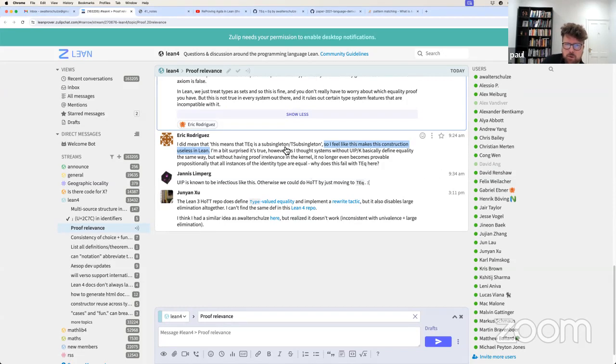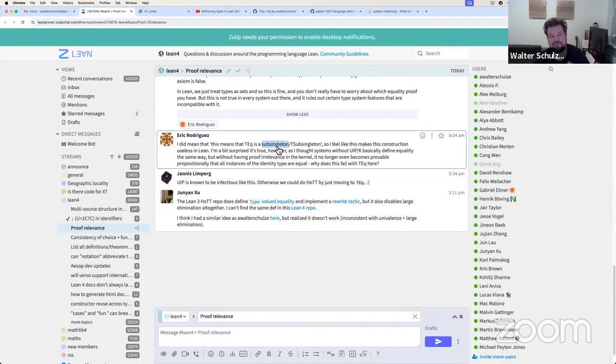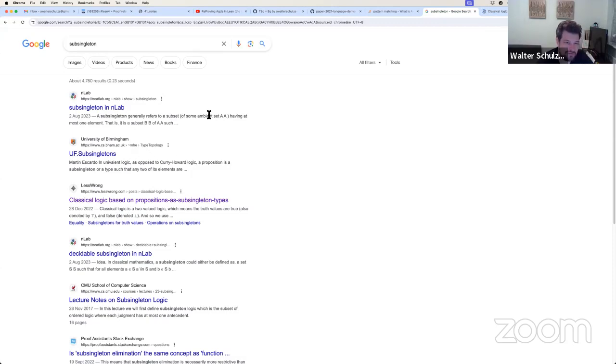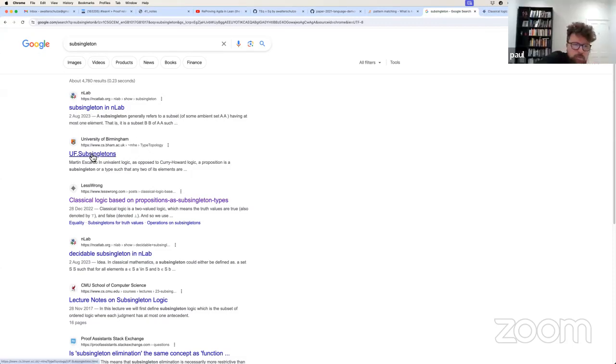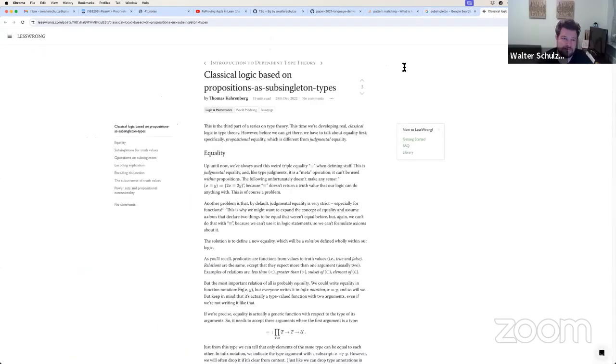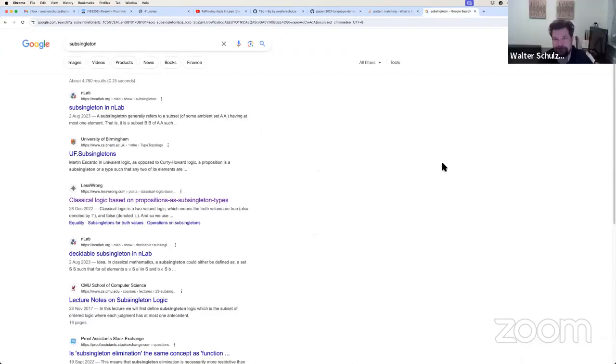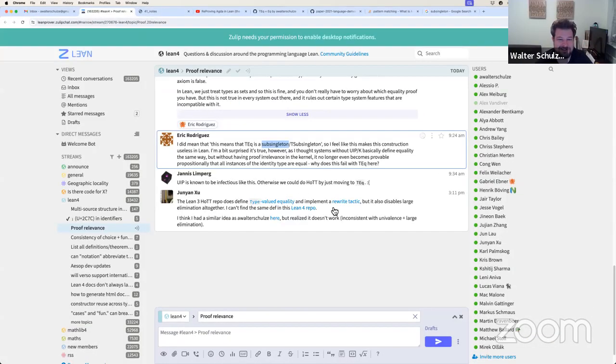Singleton would mean it has exactly one inhabitant, and sub-singleton means it can have 0 or 1 inhabitants. At most one element, as even nLab agrees. A sub-singleton generally refers to a subset having at most one element. Okay, great.